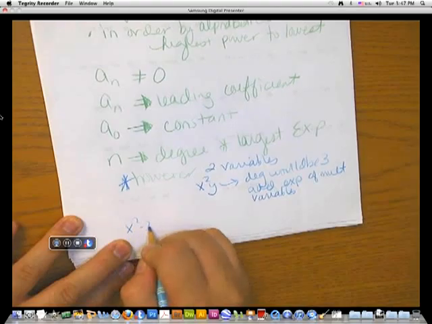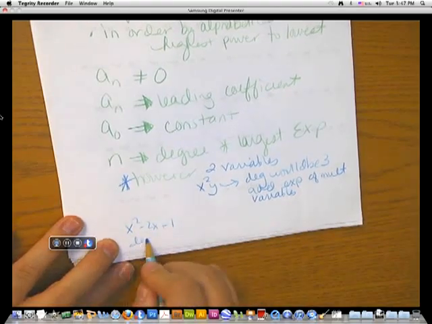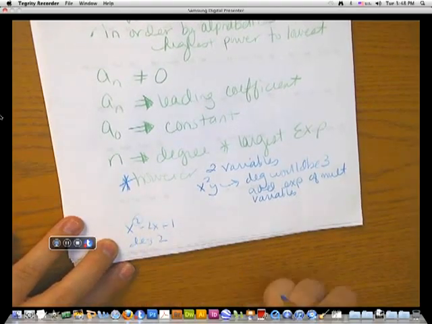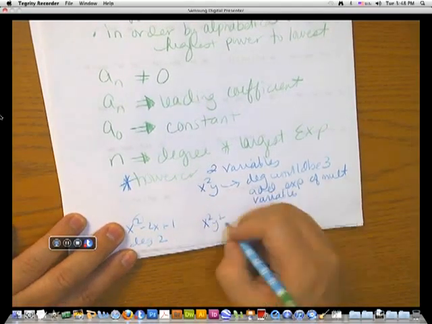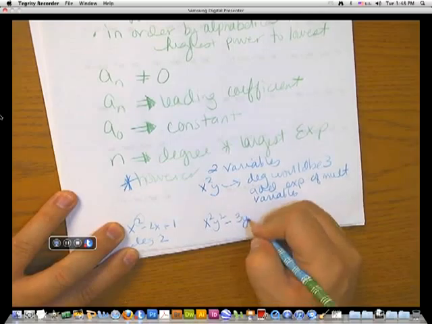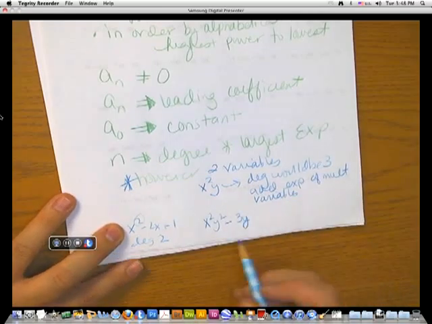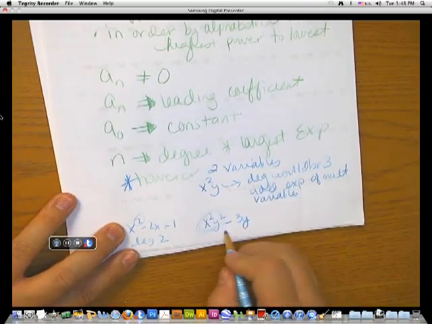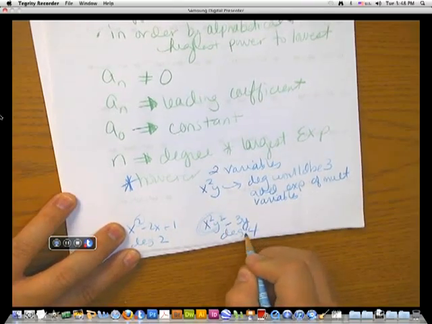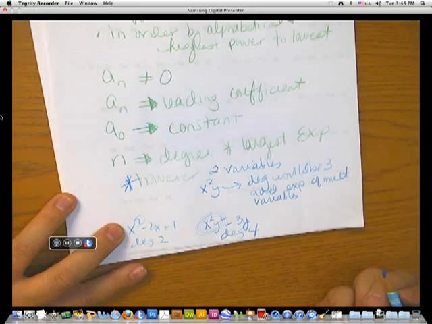So if I have x squared minus 2x plus 1, the degree is 2 because that's the highest exponent. But if I have x squared y squared minus 3y, well, these are the largest exponents, but together the degree is 4.